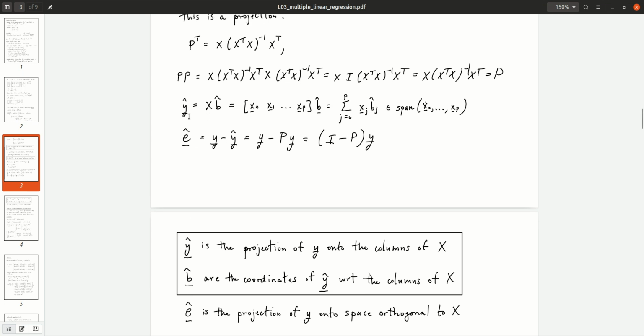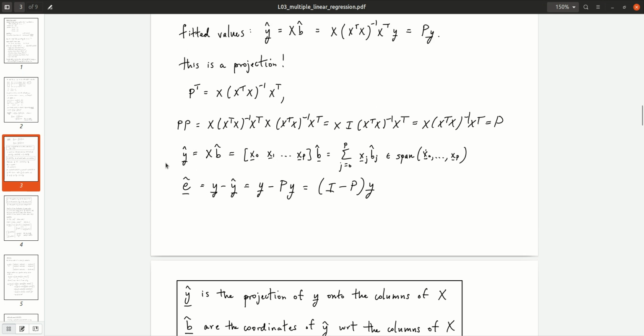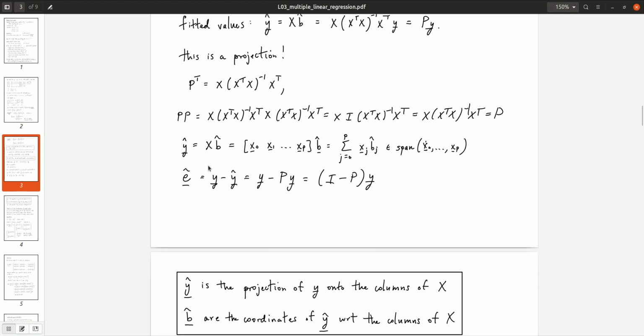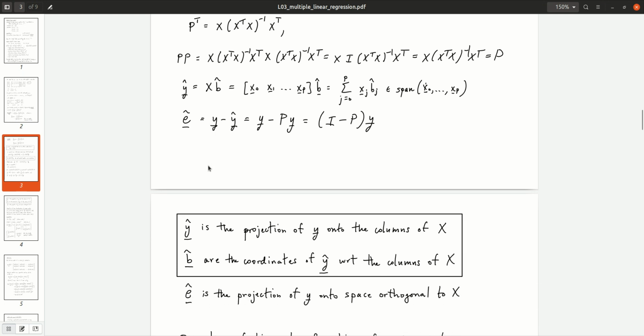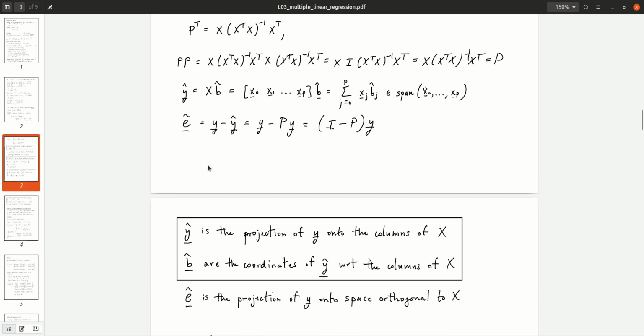Because of this representation here, Y hat equals X B hat. So when we looked at linear transformations, we talked about the vector you start with as the coordinates with respect to some set of vectors X. So B hat, in this equation, you can see that B hat are just the coordinates of Y hat with respect to the columns of X. So this is like an alternative geometric way to think about what regression is doing.